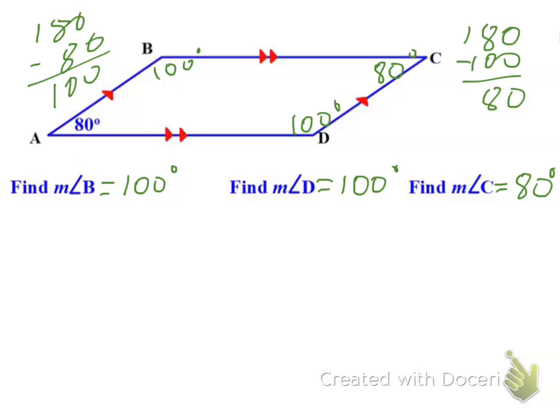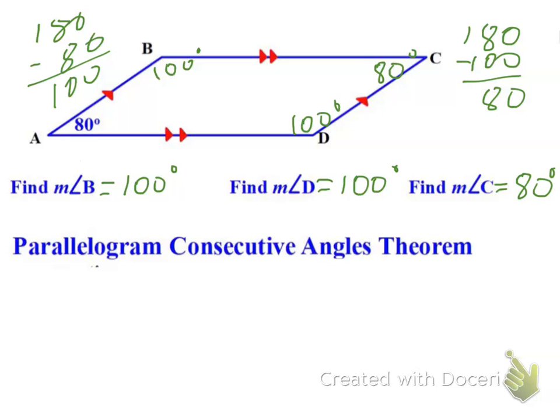Looking at this, what do we know? What can we say in general about parallelograms? Since those opposite sides are parallel, these consecutive angles, angle A and angle D, angle A and angle B, will be supplementary.